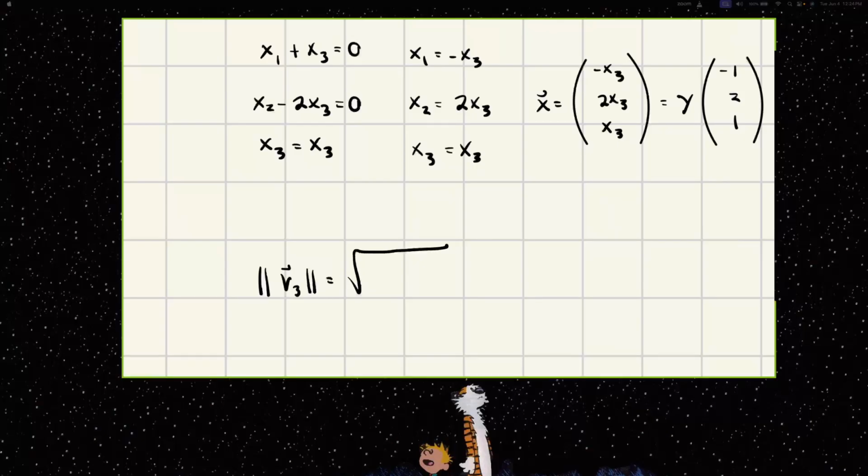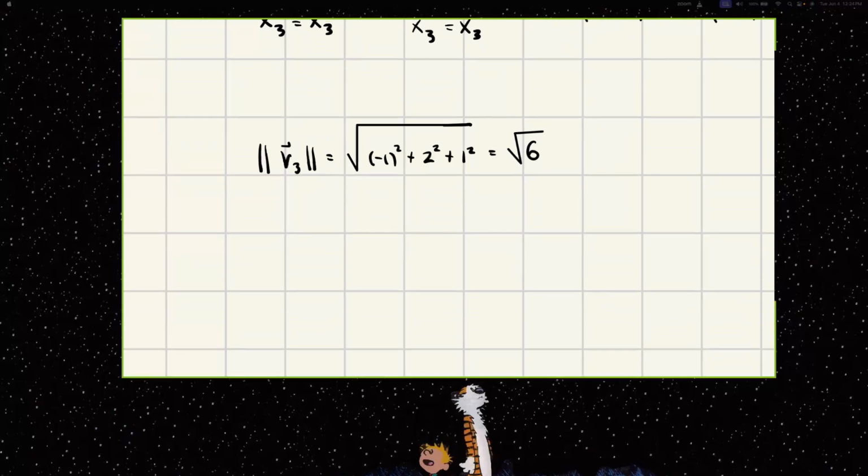So it's just going to be the length of the vector, so we have negative 1 squared plus 2 squared plus 1 squared. So we're going to get 1 plus 4 plus 1, so we're just going to get the square root of 6. And again, nothing we can really do with that, so we'll just leave it as the square root of 6.